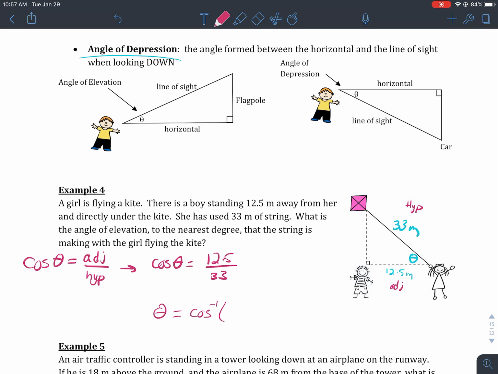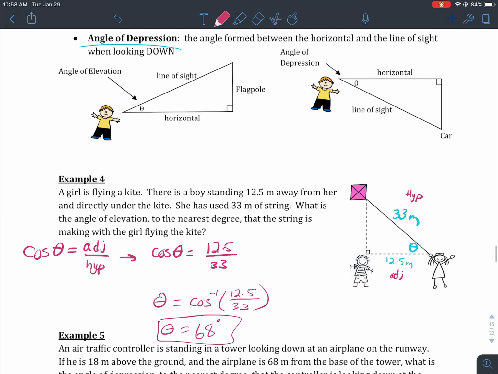Since I'm looking for an angle, we're going to use the inverse cosine. So 12.5 over 33. Okay, so our angle is going to work out to be 68 degrees. Okay, so 68 degrees is that angle we're looking for.